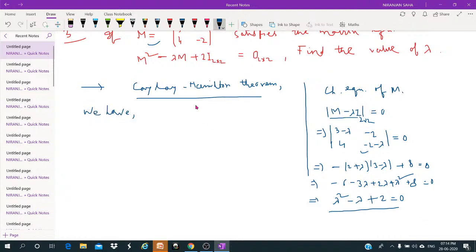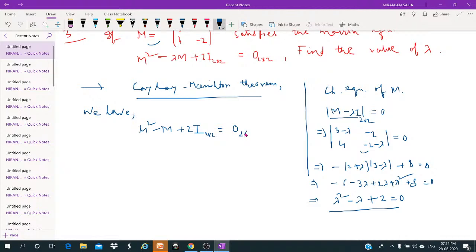This must be satisfied by the square matrix. This we can write down as A square minus A plus 2 into identity matrix of 2 by 2 order is equal to 0.